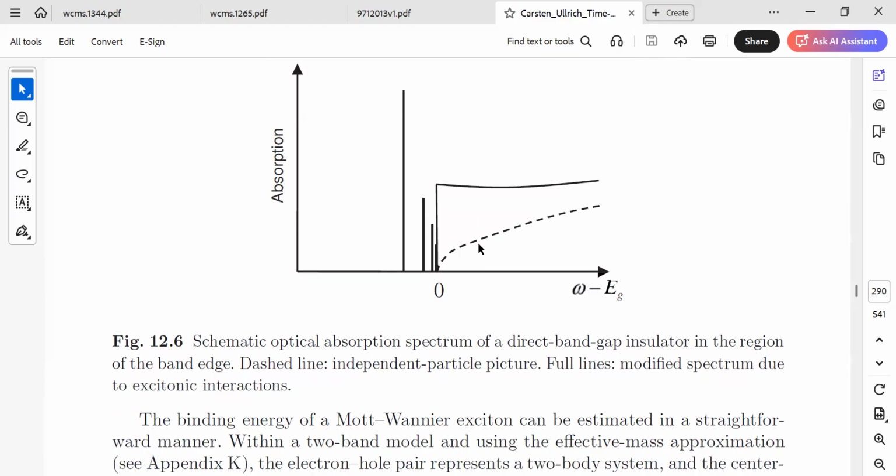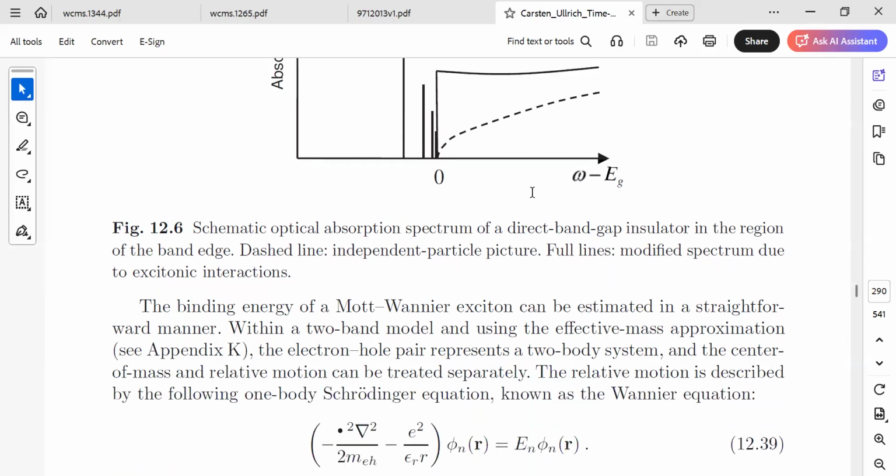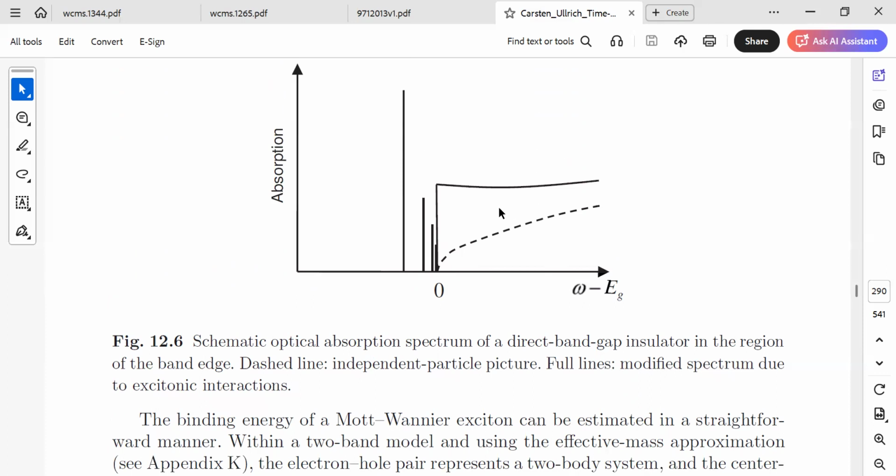But when we see the full line of the modified spectrum due to excitons, it is like this. This is a line, this is a line, this is also a line, and then there is a continuum. What does the continuum mean?